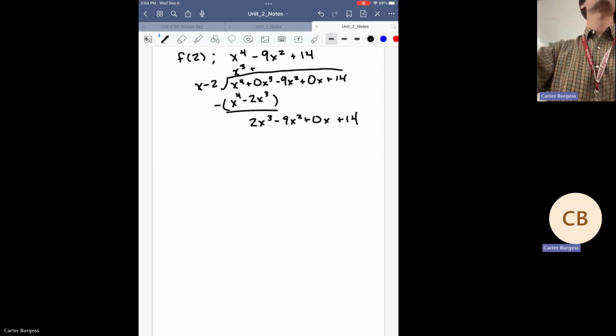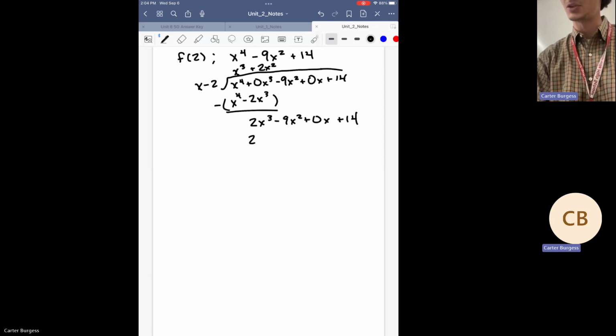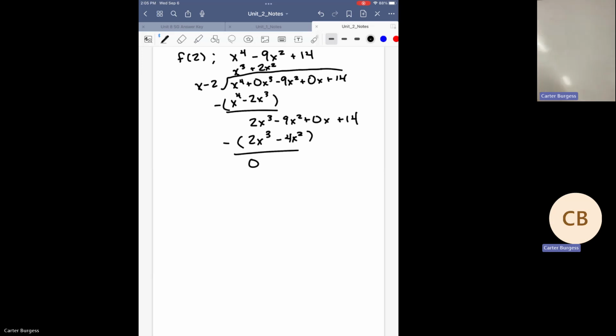In this case, it'll be a positive 2x squared. And so we got 2x cubed here minus 4x squared. We are subtracting, of course, get 0. Negative 9x squared minus negative 4x squared is going to give me negative 5x squared. Very good.